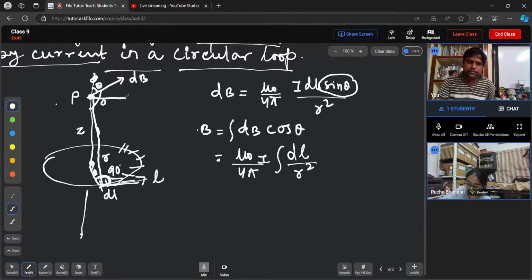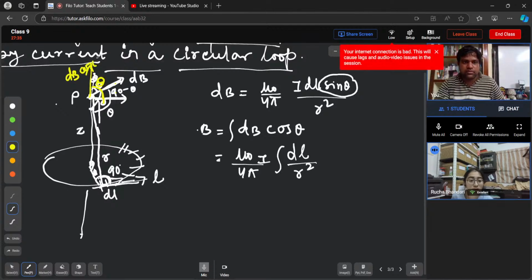Draw a perpendicular here. We know dB is perpendicular to r, so if this is theta, this will be 90 minus theta, and the component in the vertical direction will be dB cos theta.